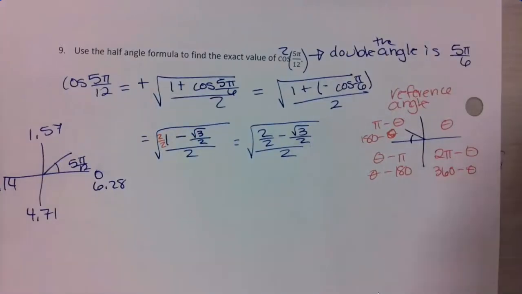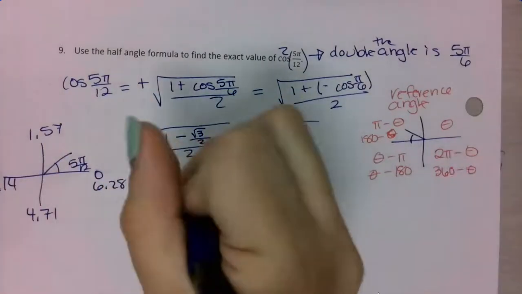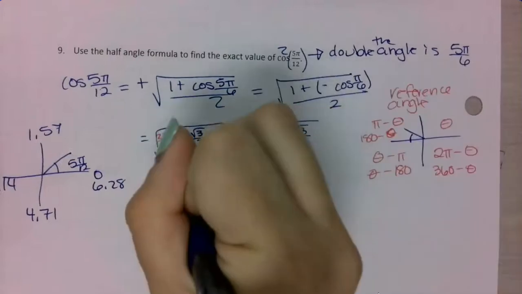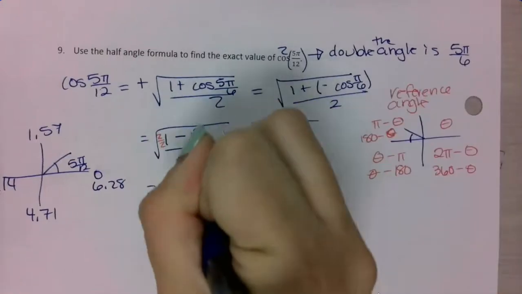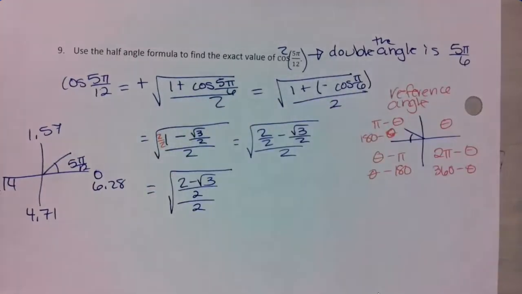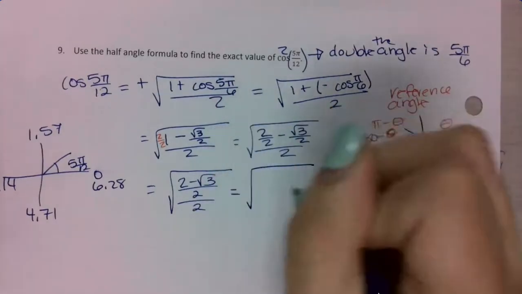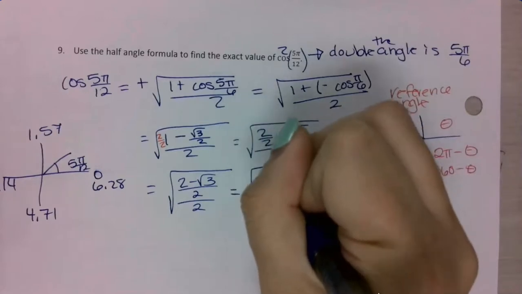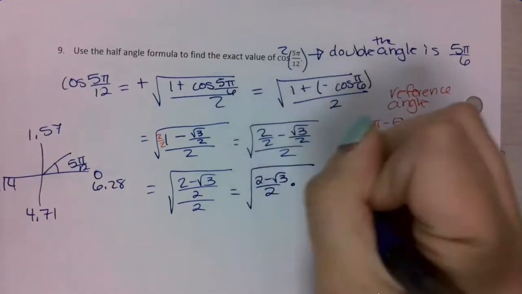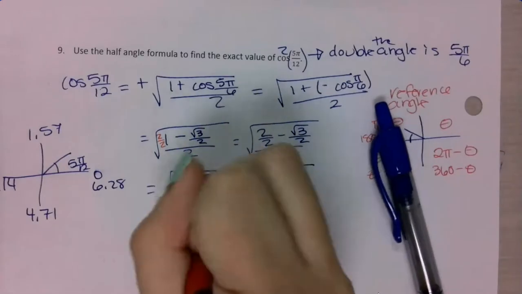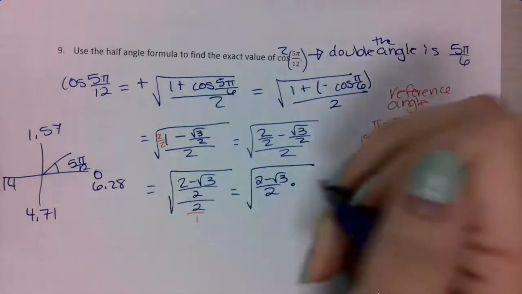I want to make my numerator one giant fraction. So it's going to be 2 minus the square root of 3 over 2 over 2. I want to get rid of the fraction in a fraction. So my first fraction stays the same, and then I multiply by the reciprocal. This 2 is over a secret 1, so my reciprocal is 1 over 2.